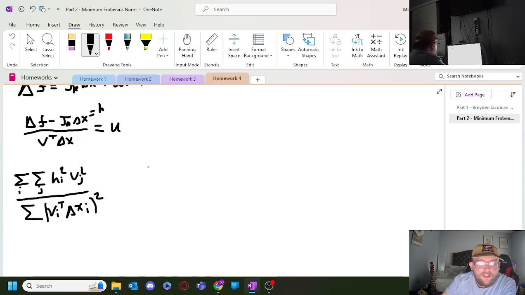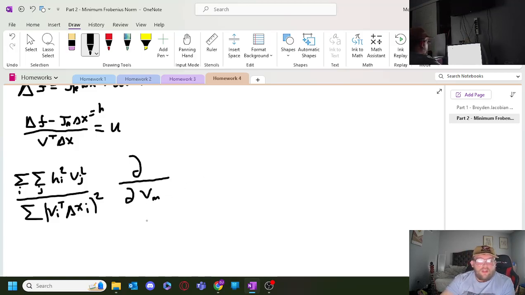When I say minimize it, what we're going to do is take the partial derivative with respect to vector v, with a subscript of m.